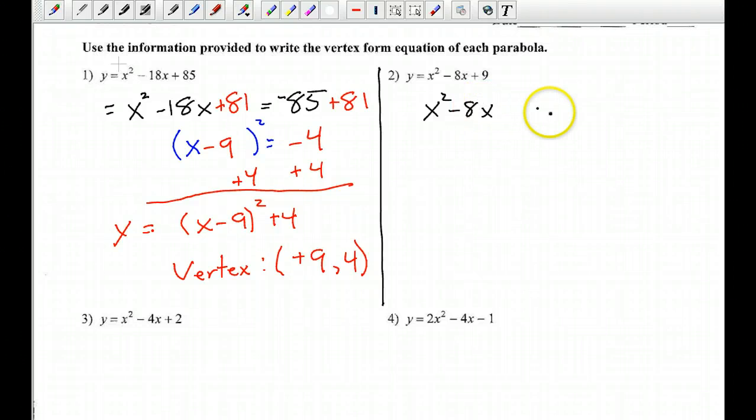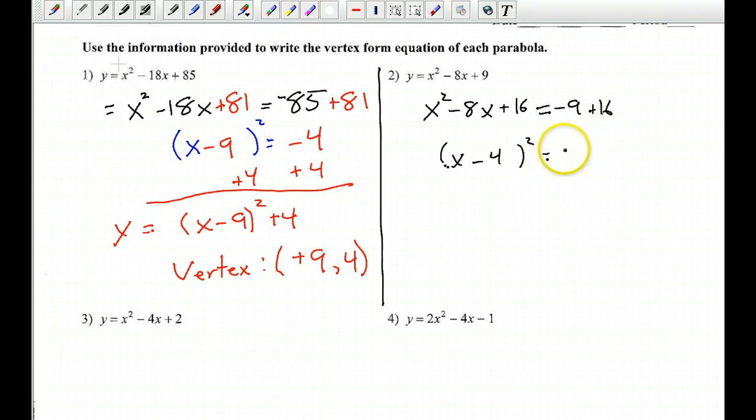Leave space. -9. Set it all up. X minus 4 plus 16 plus 16. 16 minus 9 is 7. Positive. And then move it on over.